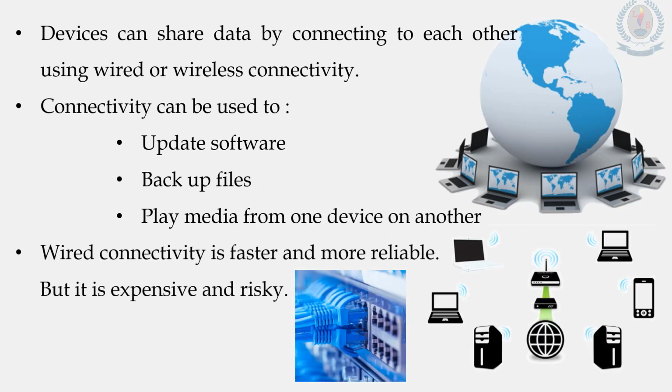Different connectivity types provide different speeds of data transfer and levels of convenience. Wired connectivity is usually faster and more reliable, but introduces additional cost, mess, inconvenience and safety risk.